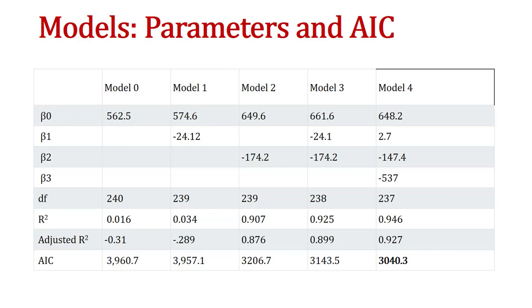Now I wanted to show you that the R squares are values between 0 and 1, but the adjusted R squares can be negative. This is because the R square is necessarily between 0 and 1, but the adjusted R square penalizes for using extra parameters, so that penalization can go even below 0.